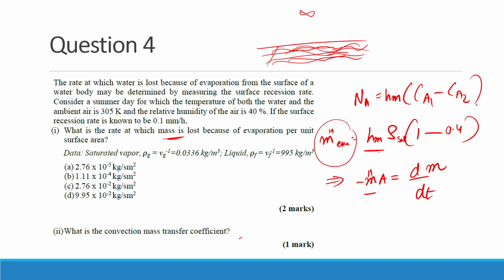This is the mass flux rate into area, basically the flow rate, m double dot A. Mass you can write in terms of density into volume, rho into V. Density is constant, so you can just take this out.